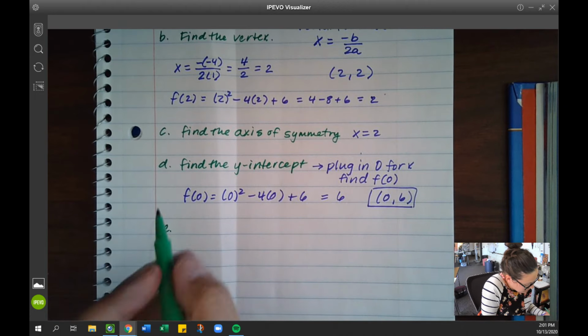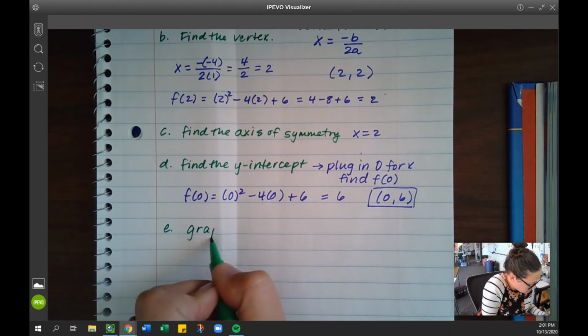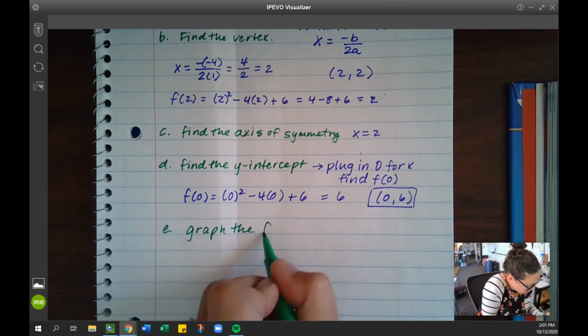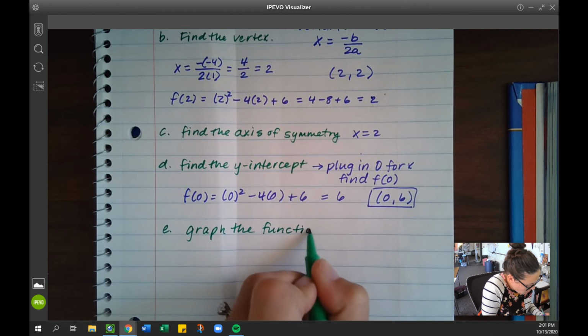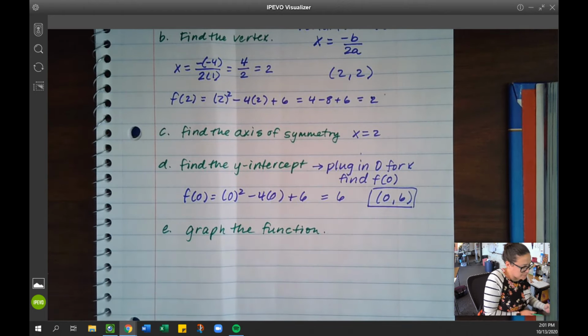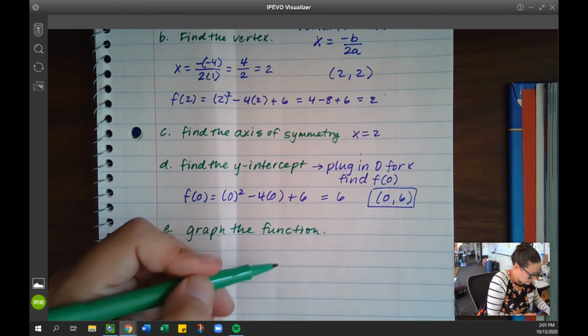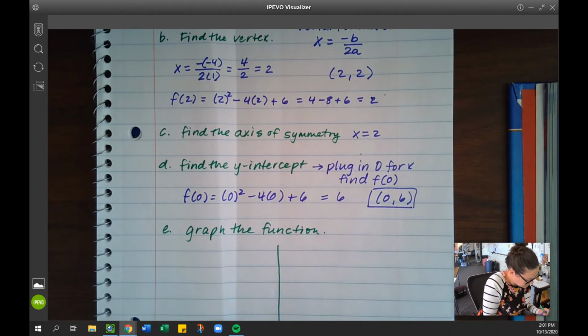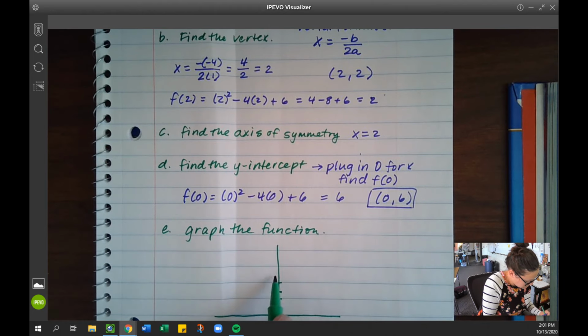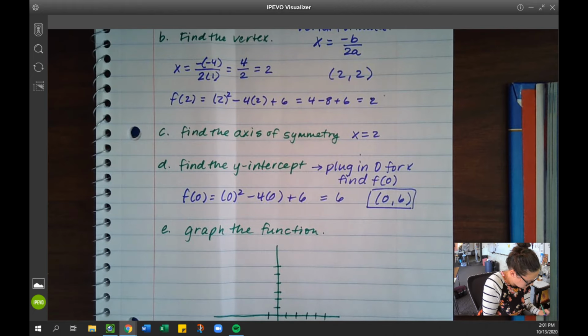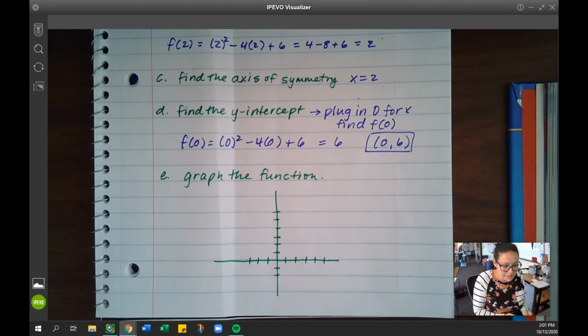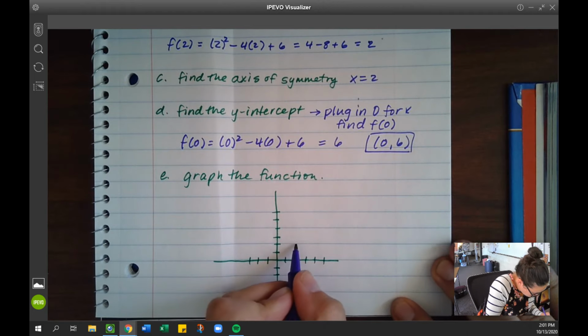Lastly, we're going to sketch a graph of the function. So what do I know? I know that the vertex is at 2, 2.